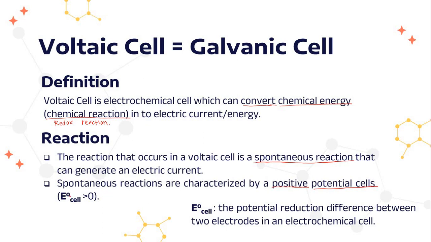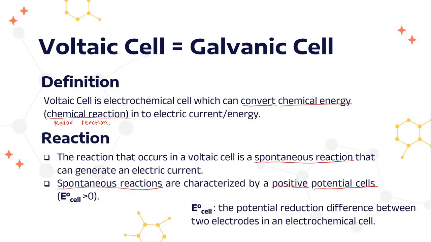So when the cell potential is above 0, or a positive value, it can be called a spontaneous reaction. This is the characteristic of a spontaneous reaction.